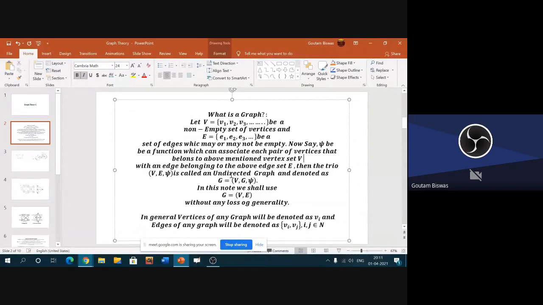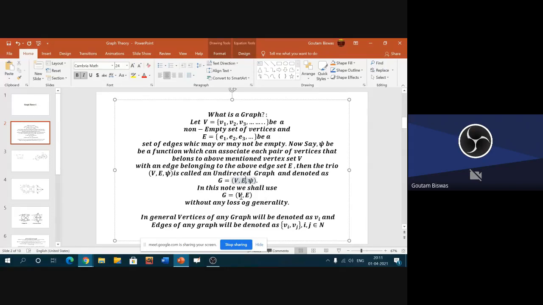It is denoted as G equal to the set V, sorry, the set E, and the function psi. But in most cases we shall not use this psi, because psi is silent here.